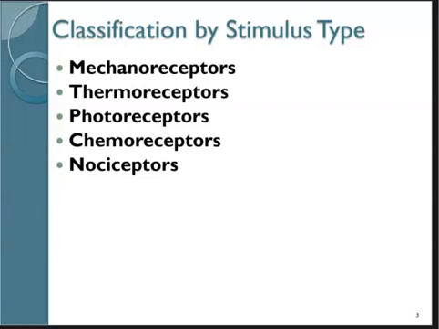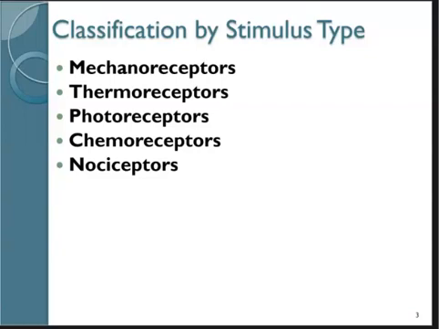Photoreceptors, photons, I beg your pardon, are units of light. So that will be the retina. The photoreceptors are cones and rods, which are sensitive to light energy.